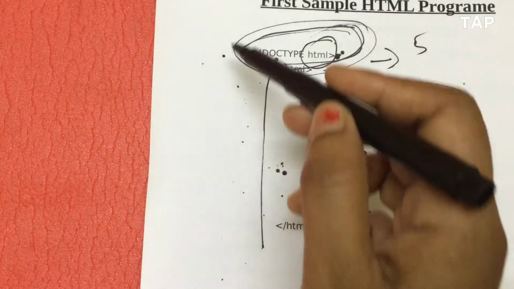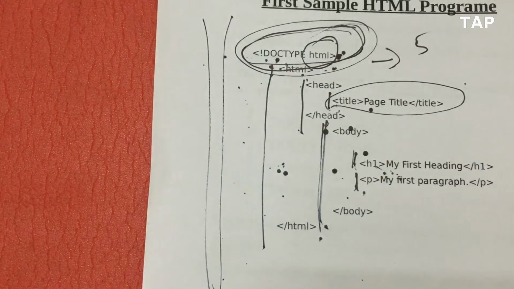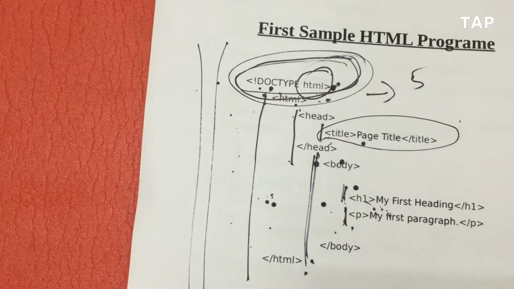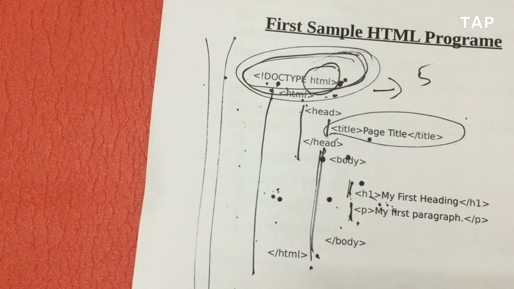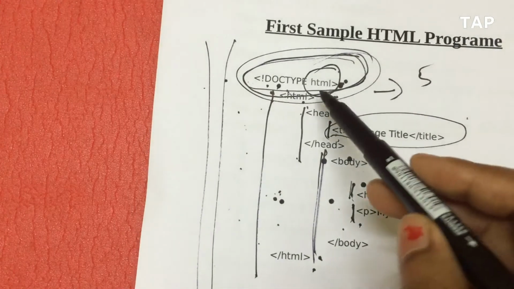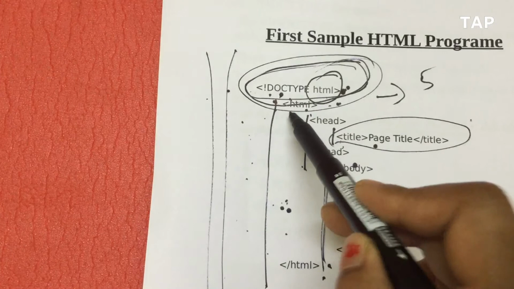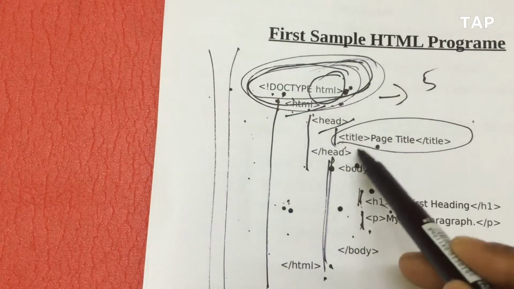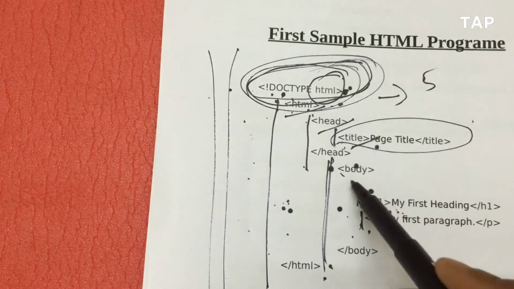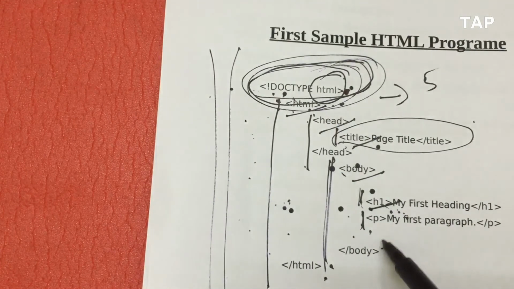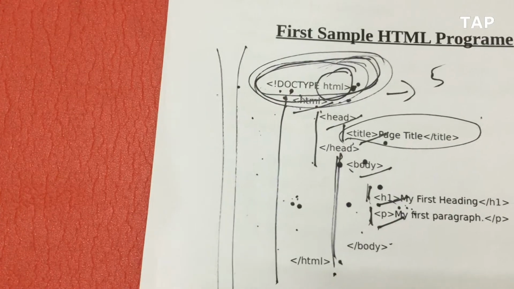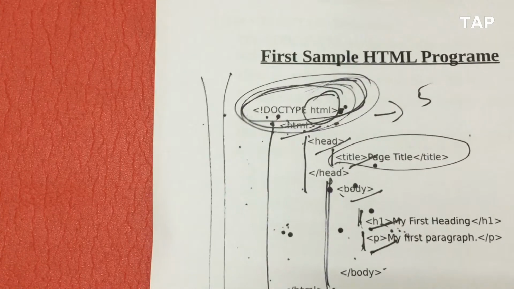That's it. So this is just a simple HTML program where we have taken the document, then HTML tag, head tag, title tag, body tag, H1 tag, P tag. Using only these we have created our program.